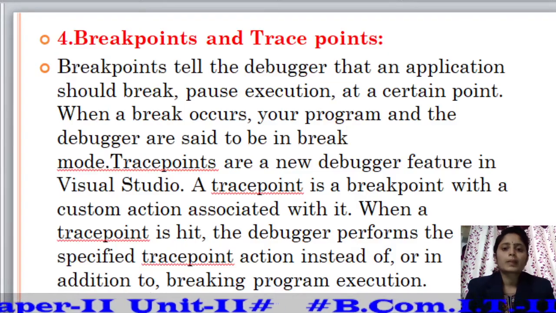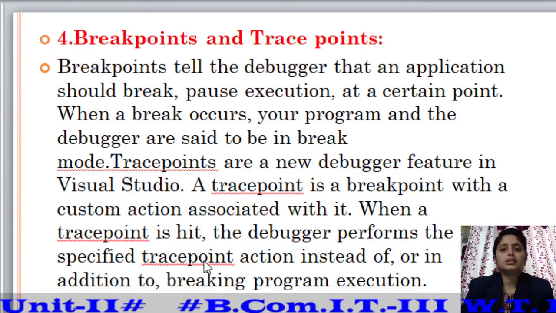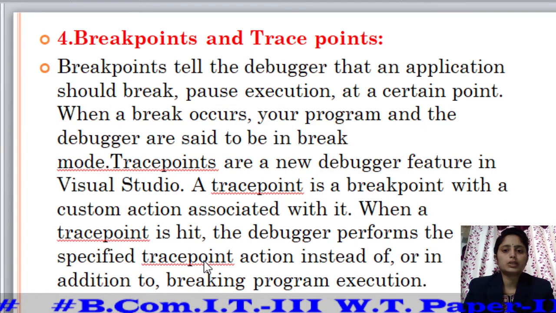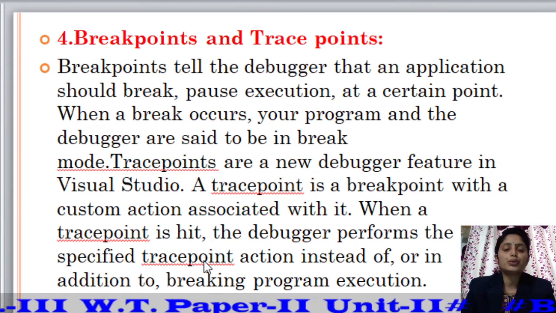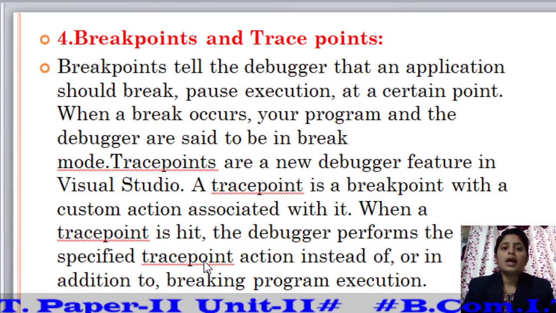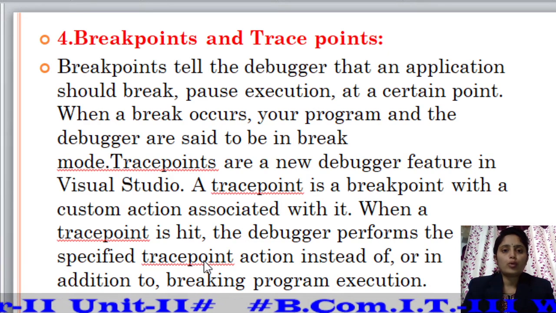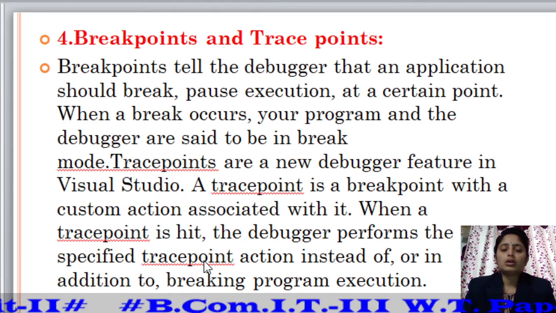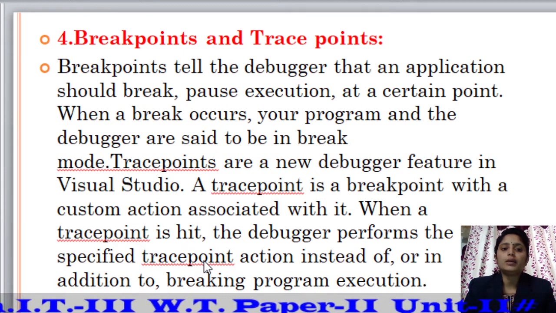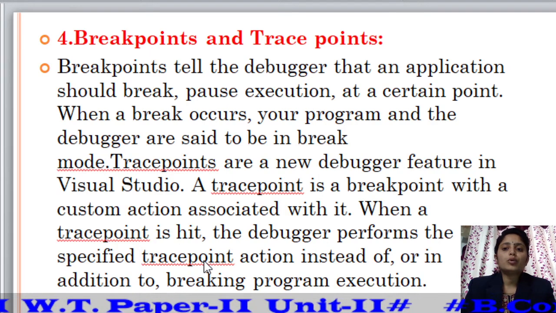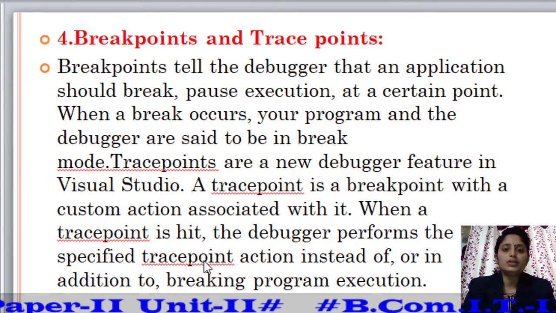The next is breakpoints and trace points. A breakpoint tells the debugger that an application should break, that is pause, execution at a certain point. When a break occurs, your program and the debugger are said to be in break mode. Trace points are a new debugger feature in Visual Studio.